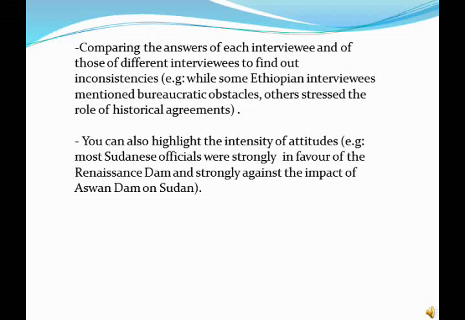What was also interesting to note is that some of them, decades after the launching of the Aswan High Dam, are still very much blaming Egypt for not taking into consideration the sacrifices offered by Sudan in building the Aswan High Dam, and how Sudan's cultural heritage of the Nubians in northern Sudan was lost as a result of building this project, and how Sudan is not actually benefiting from the electricity produced by the Aswan Dam, and so on and so forth.